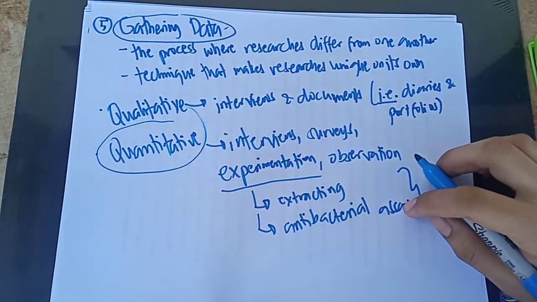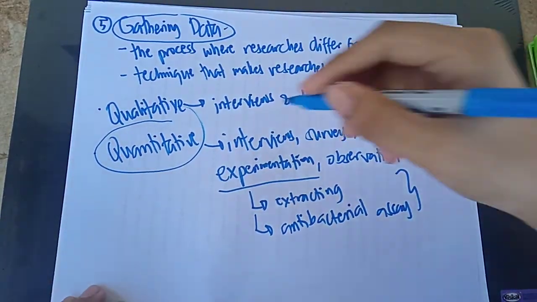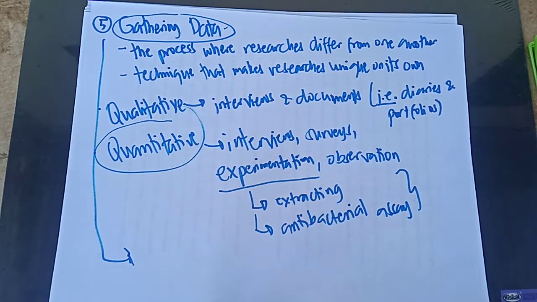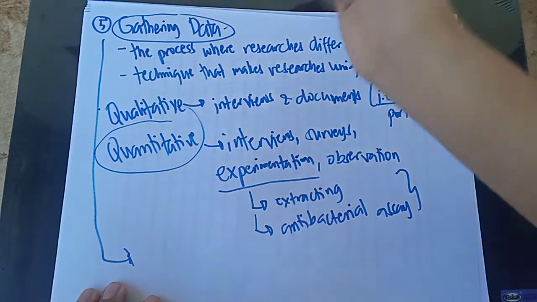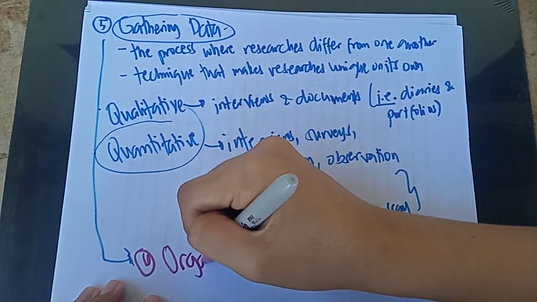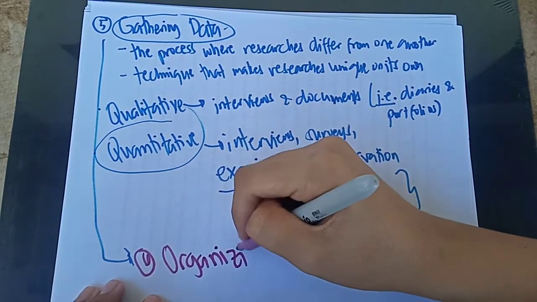And this data must be subjected to what? It must be subjected to organization and interpretation. So, after we have gathered data, it must be subjected to organization, analysis, okay, and interpretation.